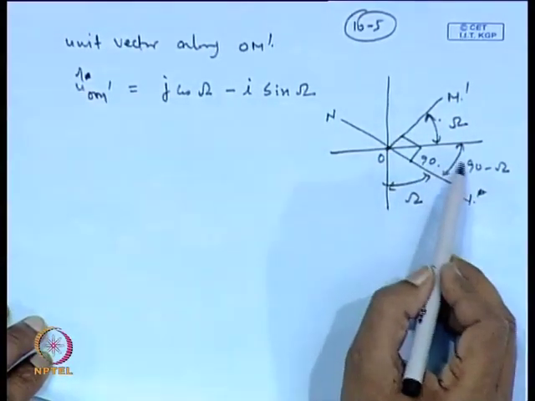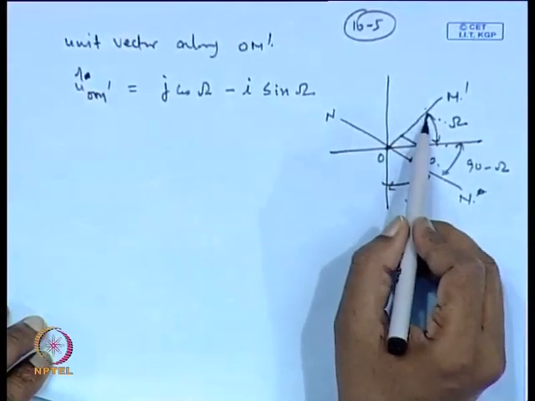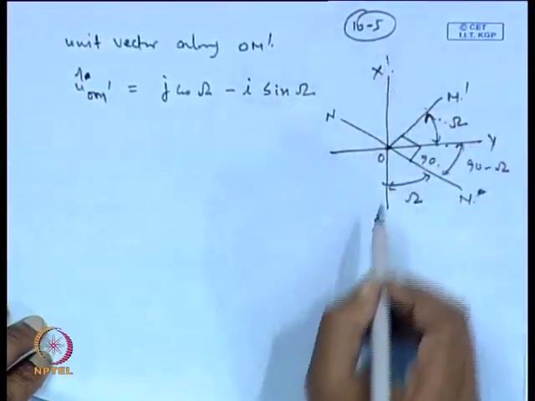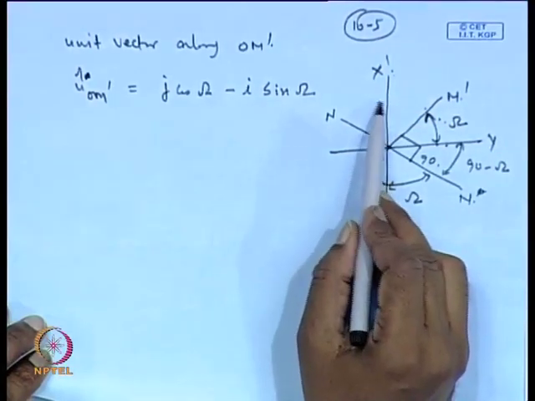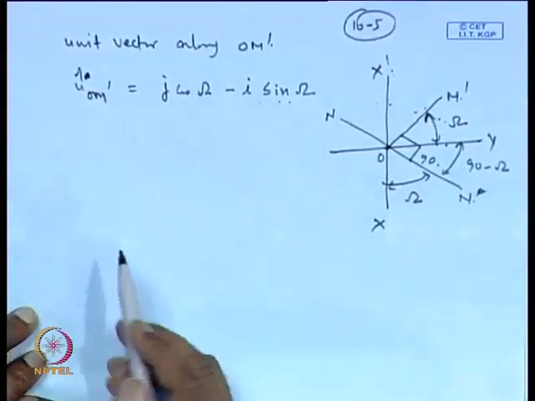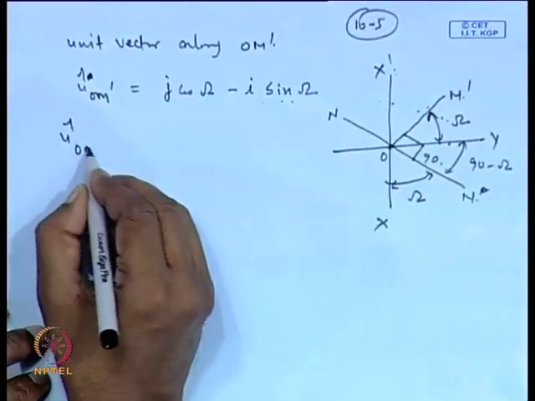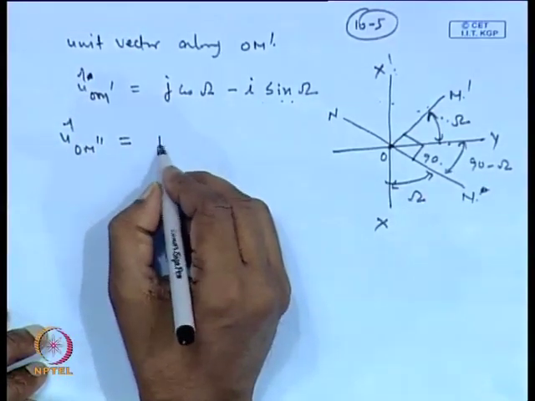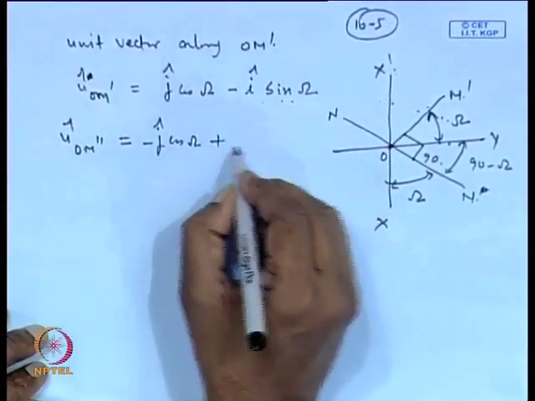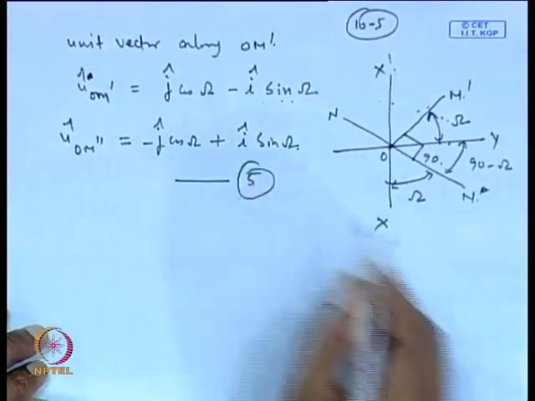So, we can get the unit vector along this direction j cos capital omega, and here this is x and y, and this is x prime. So, this is minus I cos 90 minus omega, which gives us the minus I sin capital omega. So, we get this value. Therefore, U cap OM double prime will be minus j cos capital omega plus I sin capital omega. So, this is equation number 5.